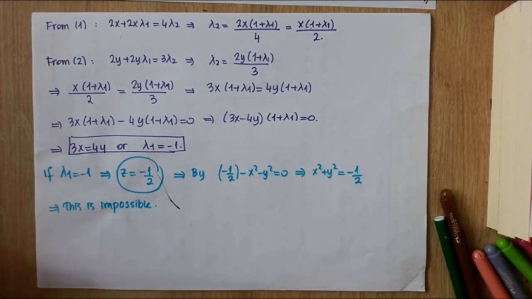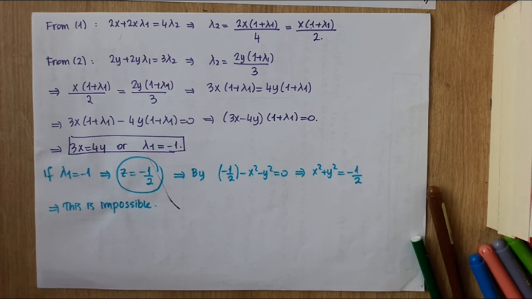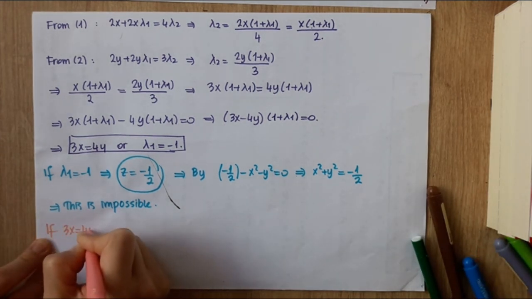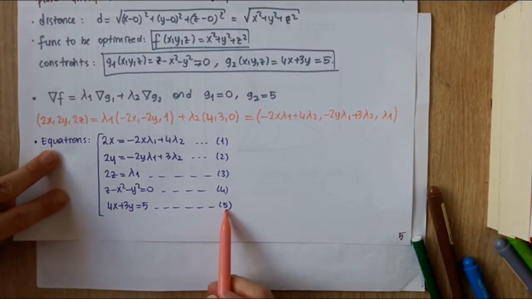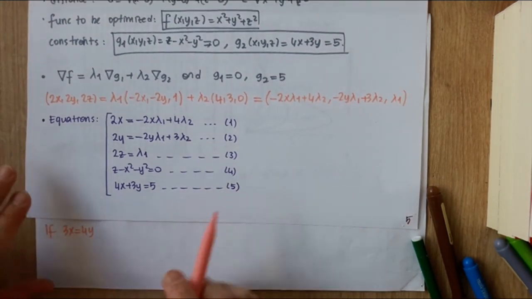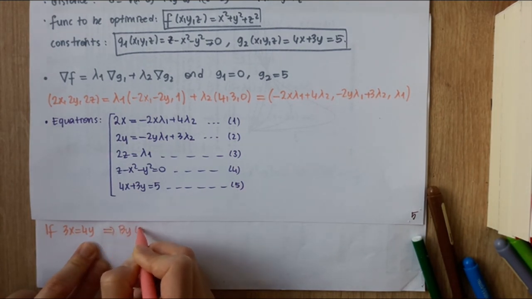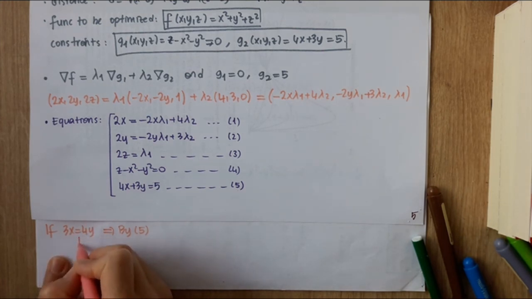So let's continue with the second case. If 3x equals 4y, this time I can use the fifth equation to obtain x and y. What I mean is that if 3x equals 4y, by 5 I just substitute, x equals 4y over 3.